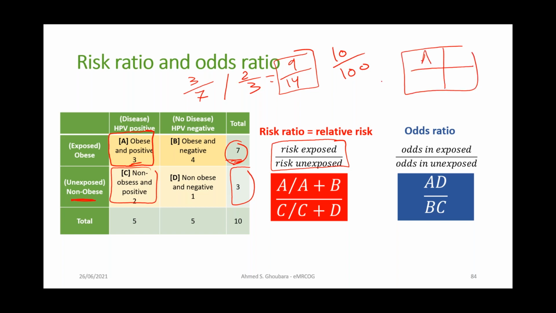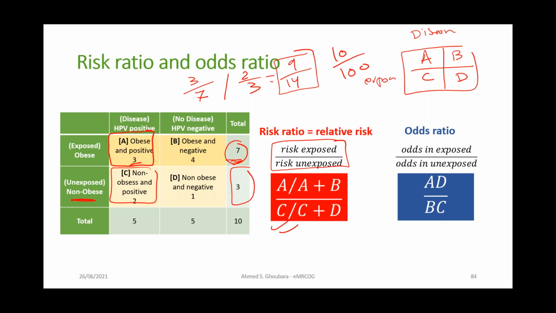A, B, C, exposure. Very important to remember it like this. Otherwise, you're not going to solve the questions. Risk of exposed over risk of unexposed: A divided by A plus B, all divided by C divided by C plus D. This is the risk ratio, or relative risk sometimes, or RR.